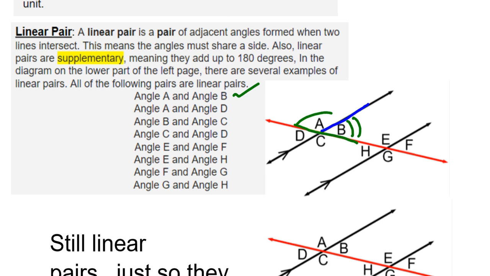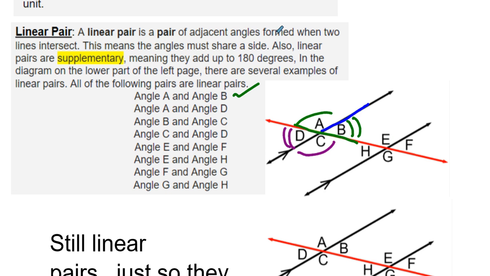I'm going to show you a separate diagram down here for all of them. Notice also on the other side, we happen to have D and C. D and C are also a linear pair. They're made up of a straight line, they share a side, and they add up to 180 degrees because they share the straight line.